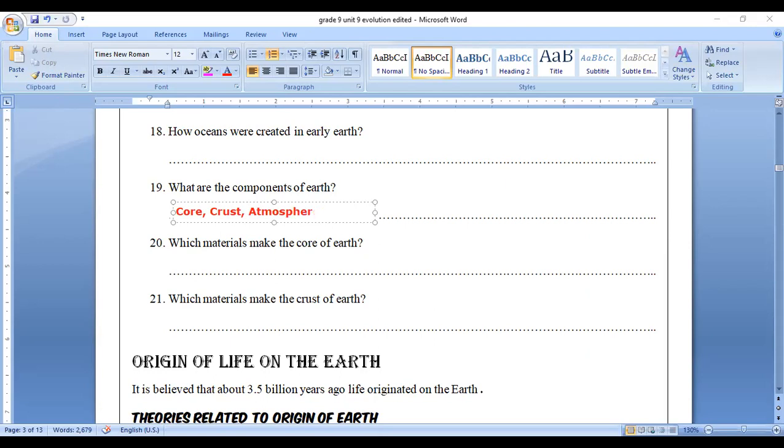Otherwise, we can divide into three including the mantle also, right? That is missing now. So mantle, crust, and atmosphere. But remember, in this note, crust and mantle are handled together.